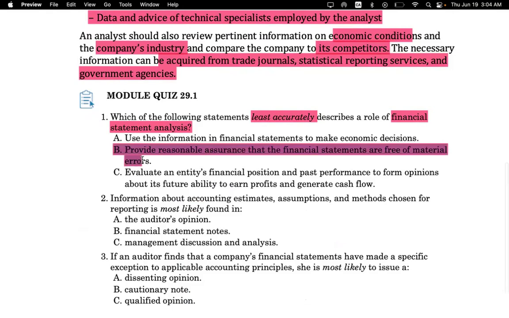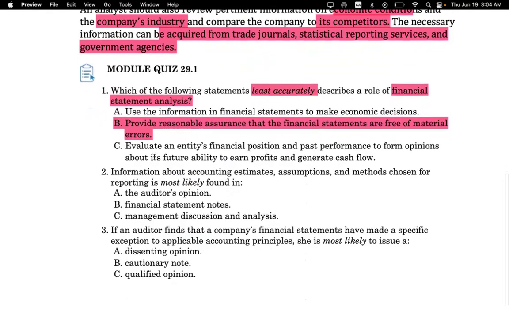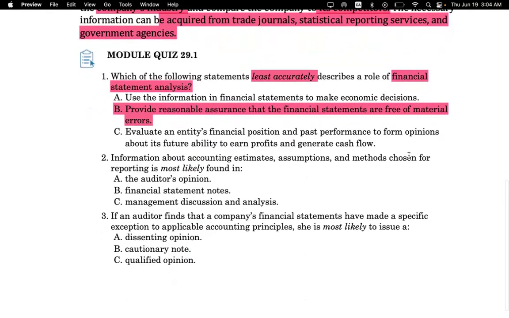B. This is what an audited report does. Accounting estimates, assumptions, and methods chosen for reporting are found in the financial statement notes. Again, more objective.